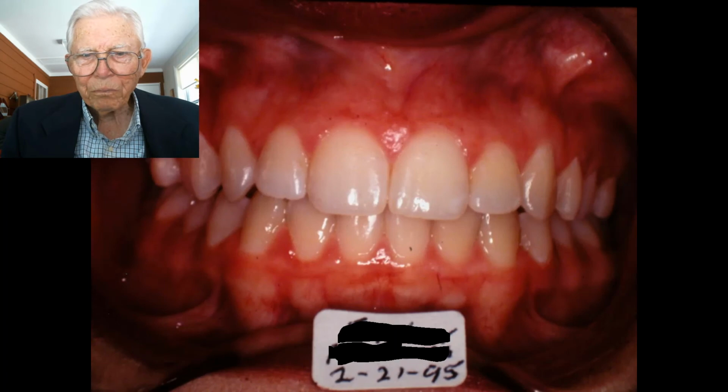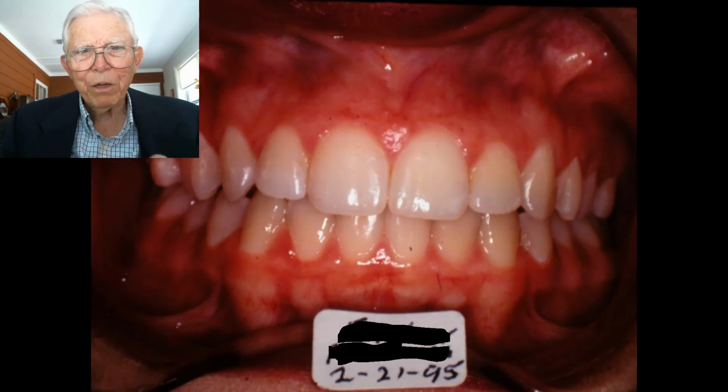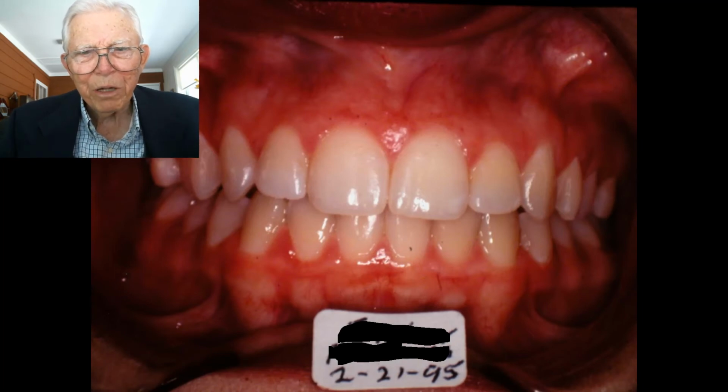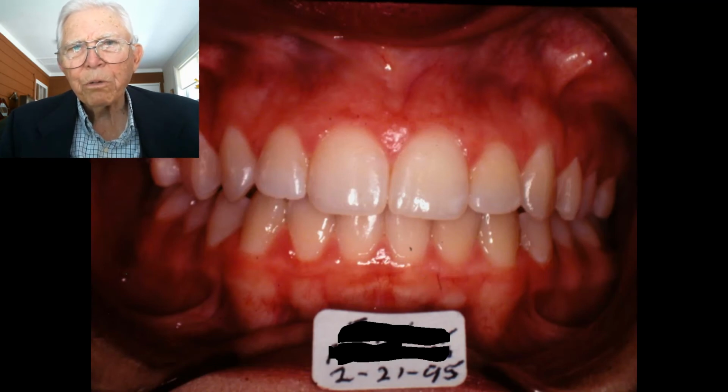So anyway, I hope you pick up what's here. I think that every pediatric dentist and any other dentist that works on children should know what to do with these ectopic erupting teeth as they come in the mouth.